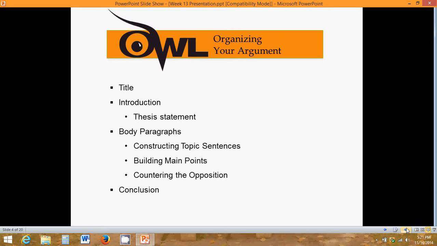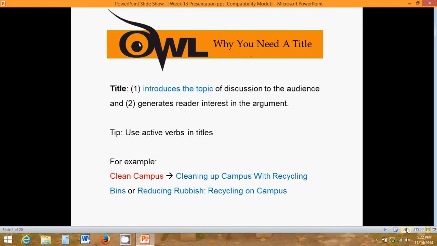So looking at what the opposite argument would be and using evidence to show how that argument is incorrect. And then, of course, a conclusion. So using the structure, which is very basic, really, you can build an even more detailed organization for your paper. So let's talk about what each of these are.